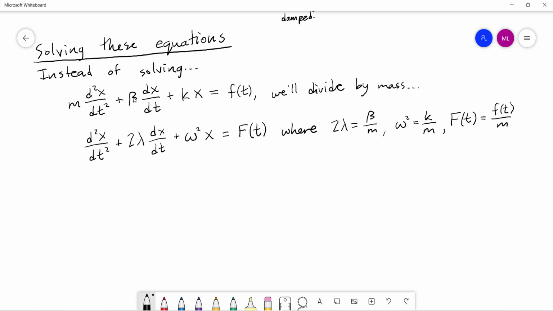This damping coefficient, beta, has to be a positive number, and the mass has to be a positive number. So it is safe to assume that this k over m term, which is omega squared, has to be positive. Obviously omega squared has to be positive because it's some number being squared, but k over m, k and m are both positive to begin with, so we can safely make that assumption. These are safe assumptions.